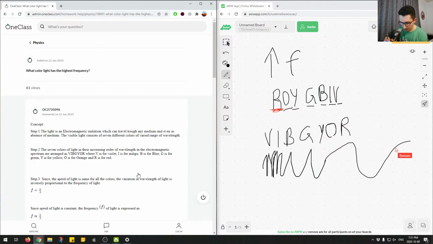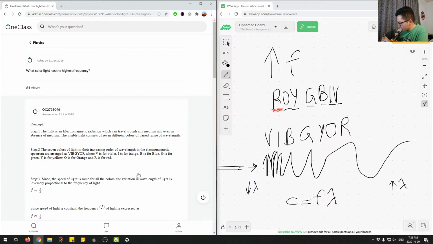On the left side, we know that the wavelength is very small, and on the right side we have a very large wavelength. Because of the equation c equals f lambda, where lambda is wavelength and f is frequency, we know that frequency and wavelength are inversely proportional.